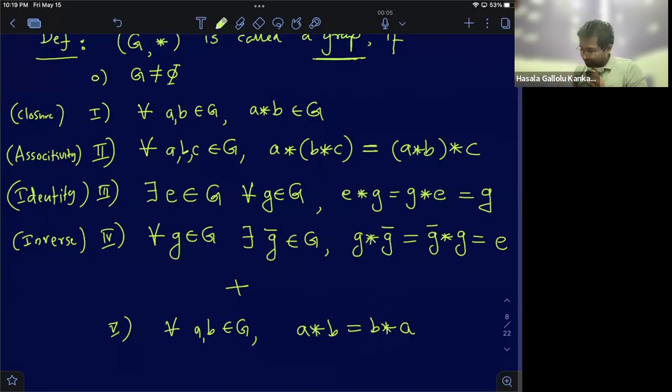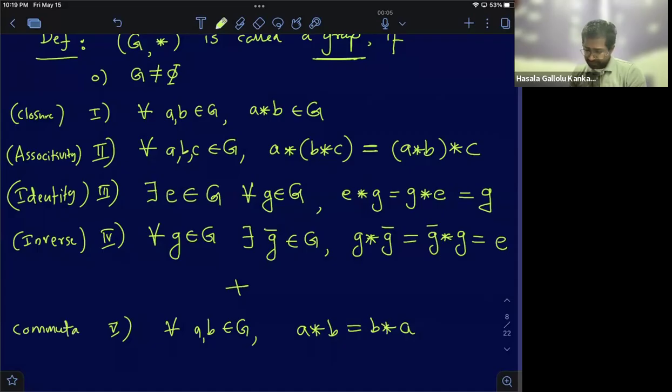Of course, we have the commutative property when it comes to the identity and the inverses. Those are very specific ones. But when it holds for any elements, this is called the commutative property.